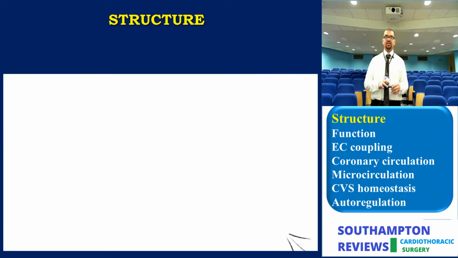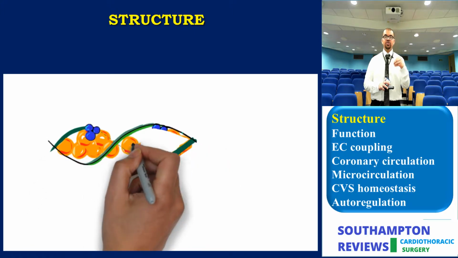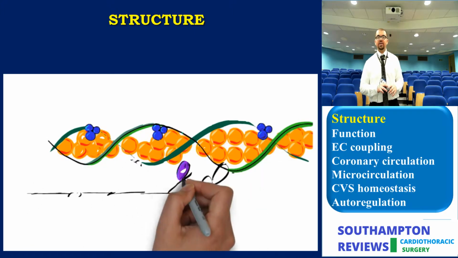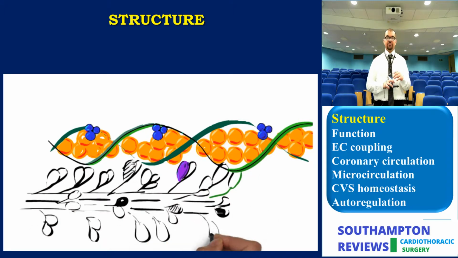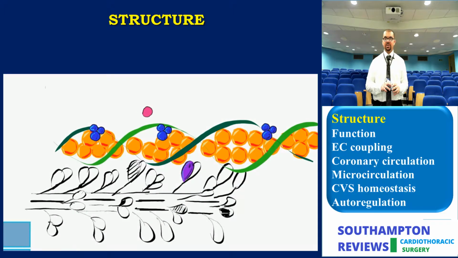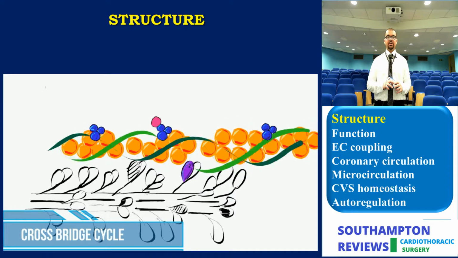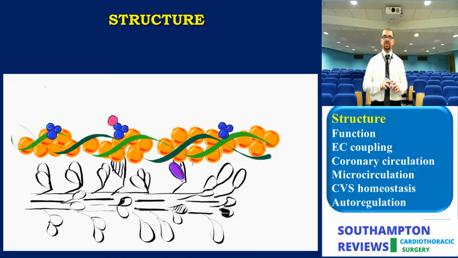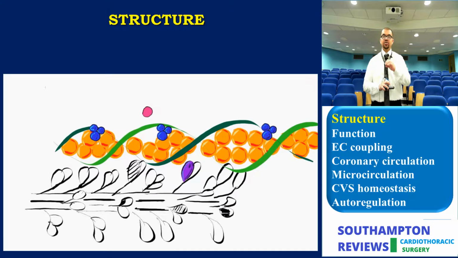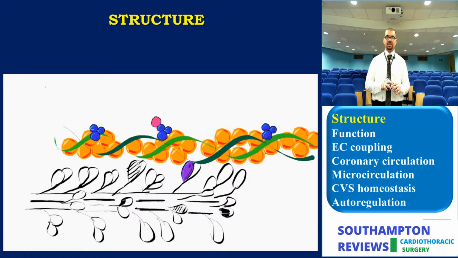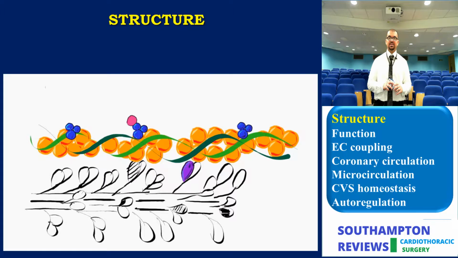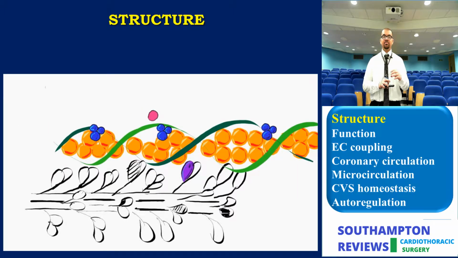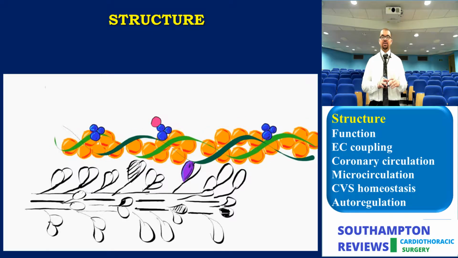Next, let's plunge further into the ultrastructure of the actin and myosin. We'll find a unique interaction referred to as the cross-bridge cycle. It all starts with binding of calcium to troponin C. This induces conformational changes to the overlying tropomyosin, exposing the actin binding site. In the meanwhile, the myosin heads get primed by ATP to enable the binding as well.